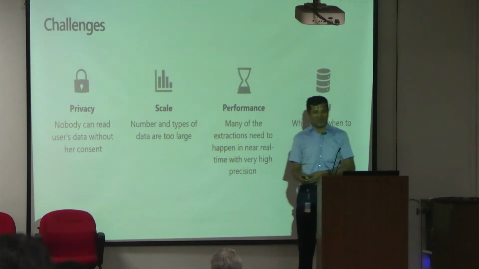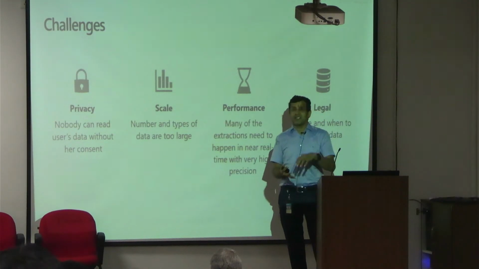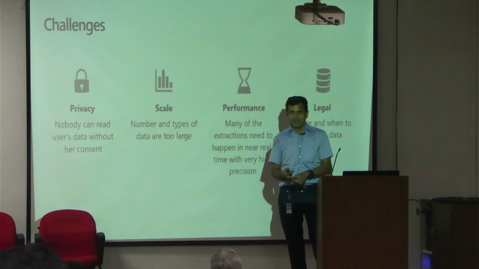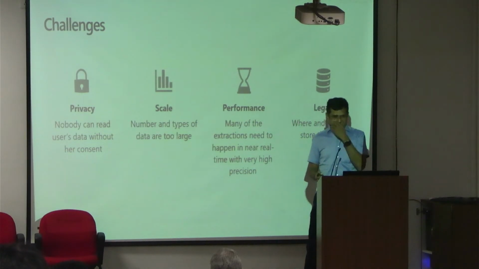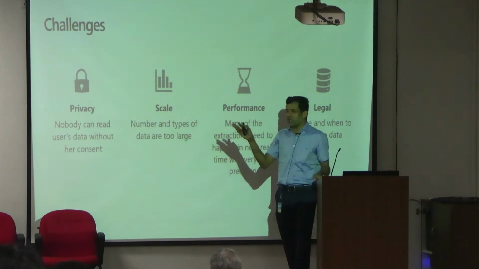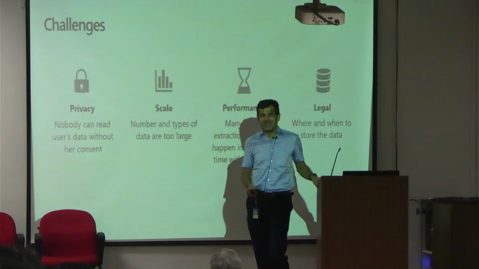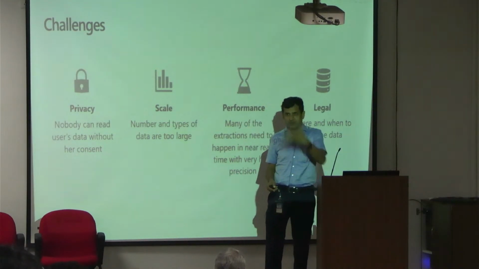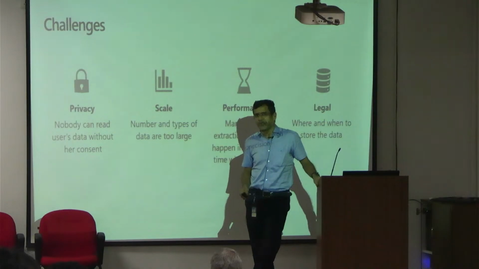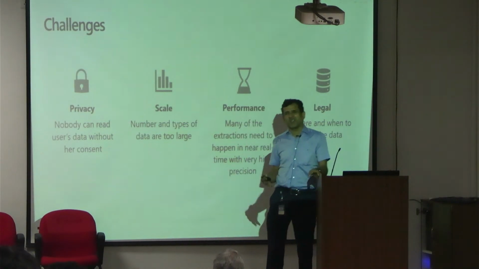The number and types of data are too large, and here not only the number of emails, even the number of entities which we are extracting is a scale issue. And performance: many of these queries which I mentioned in the beginning need to be answered in real time or near real time. Whether you can sift through a user's lots and lots of emails and answer this query, that requires performance, and further we are talking about the language model.